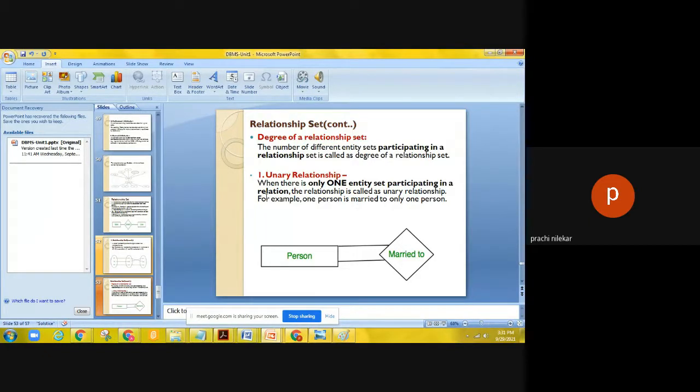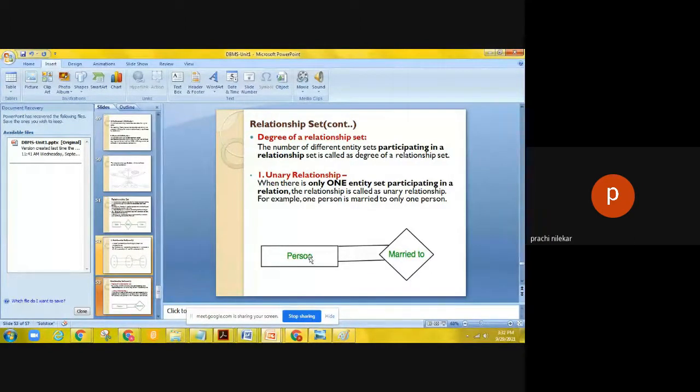So unary relationship, as the name suggests, when there is only one entity set participating in a relation, the relationship is called a unary relationship. Only one entity is going to participate in a relationship diagram. Then we can call it a unary relationship.